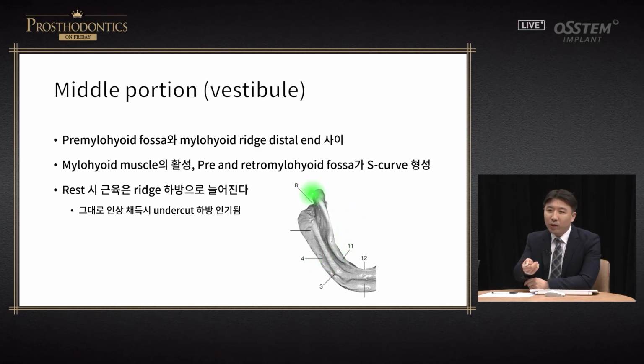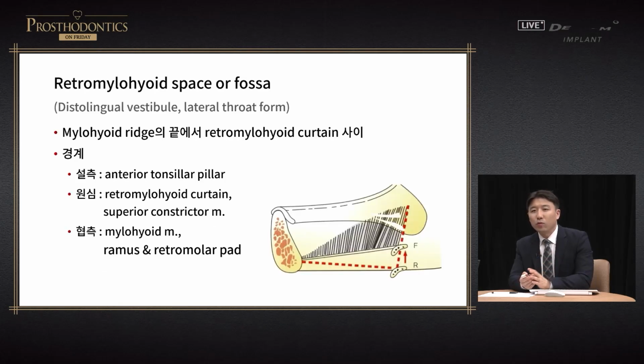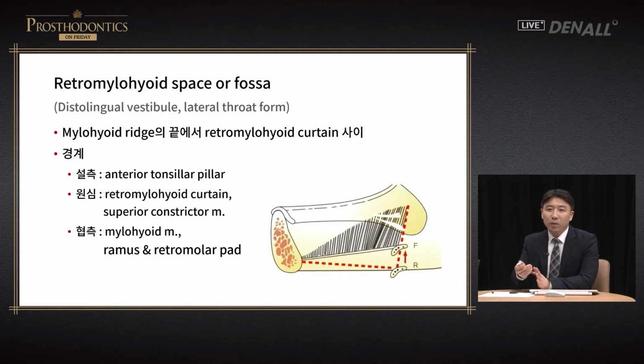It should be convex towards the tongue. You need to remember this structure. It needs to be extended by 4 to 6 millimeters, and it needs to be in a form of inward slope. As Professor Cho has mentioned, once the muscle is relaxed, the space between flange and floor of the mouth occurs, and there can be issues with food impaction, and ways to address this problem have been mentioned.